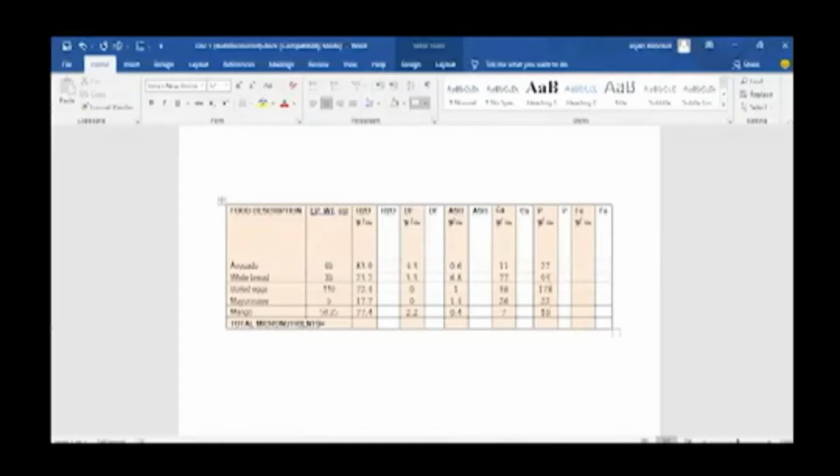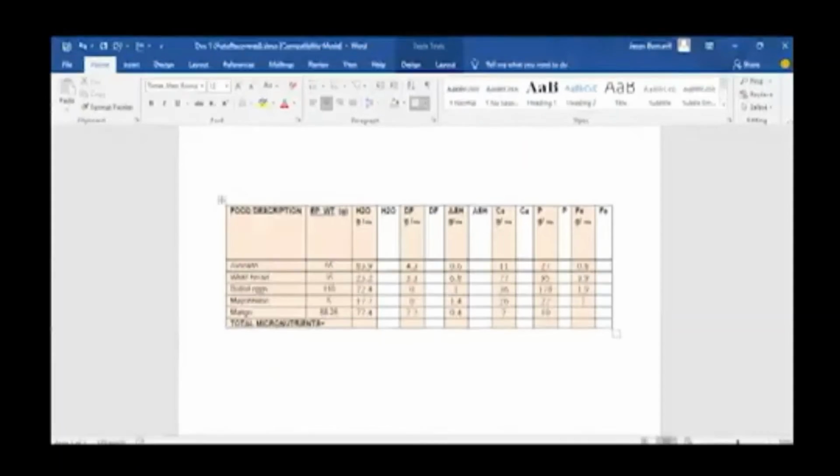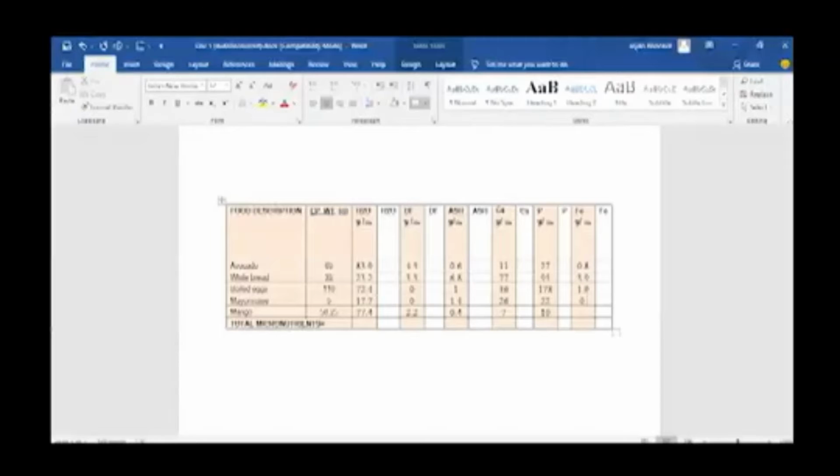And for iron, we have 0.8 for avocado, 3.9 for white bread, 1.9 for eggs, 0.5 for mayonnaise, and 0.3 for mango.